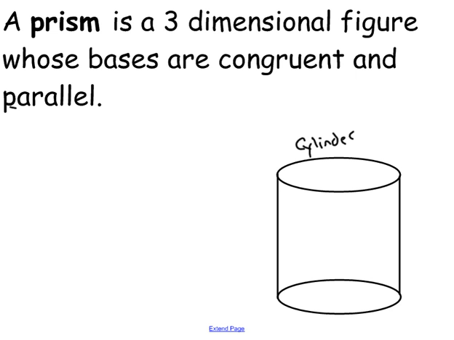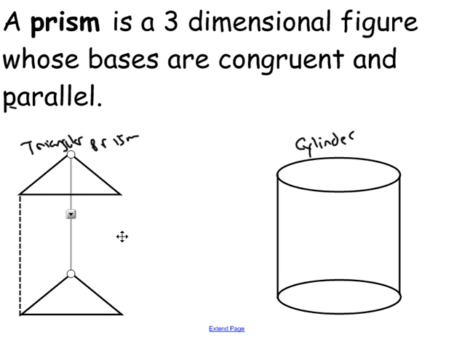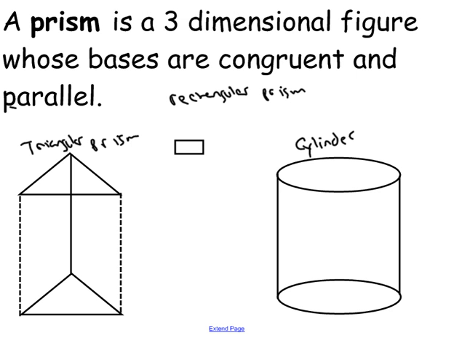We also have what is called a triangular prism. So it's just basically the bases are triangles and you get a three-dimensional shape from it. So that's your triangular prism. We also have a rectangular prism. That's basically, right, you're going to have a rectangle for a base.